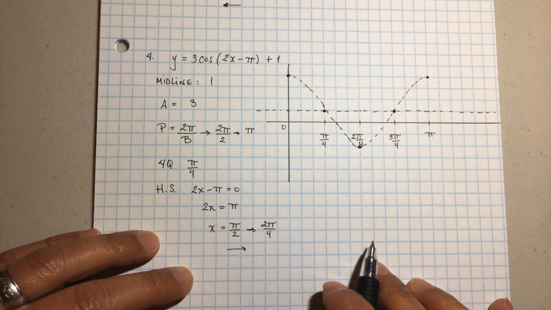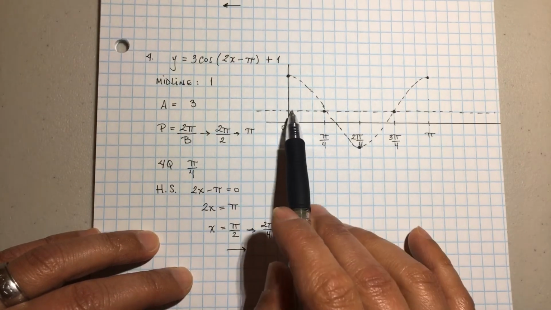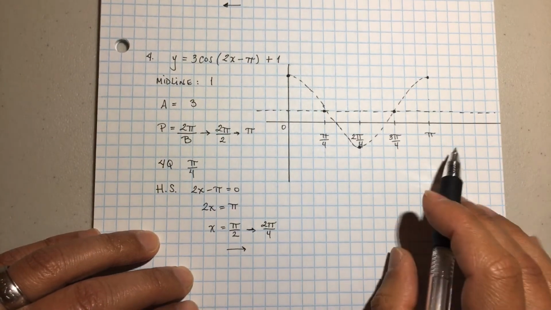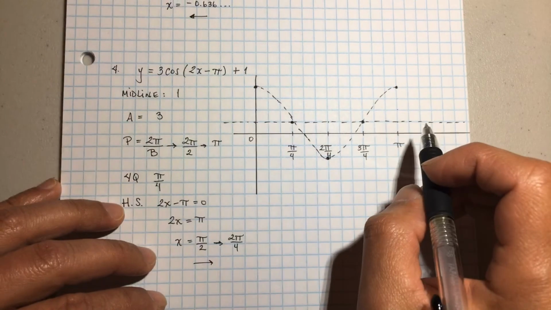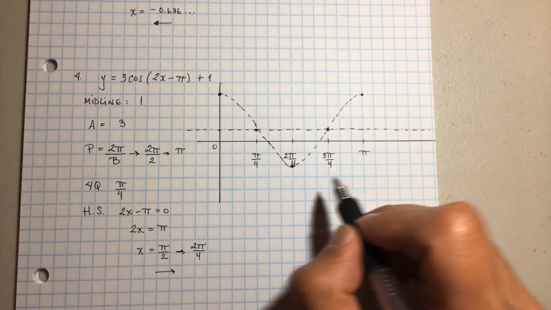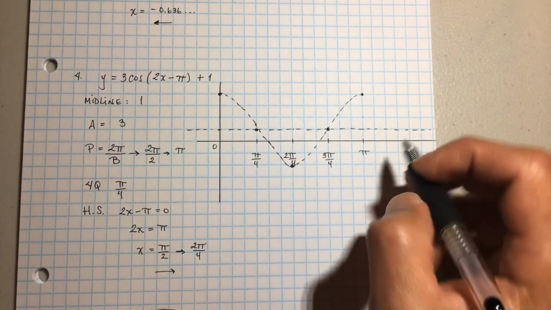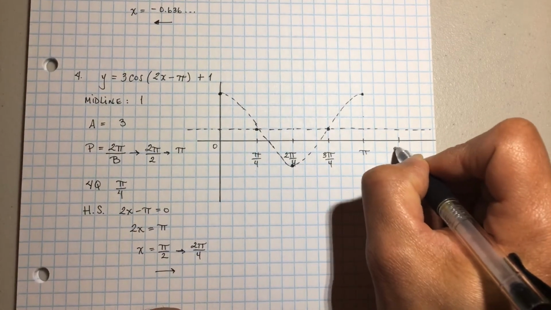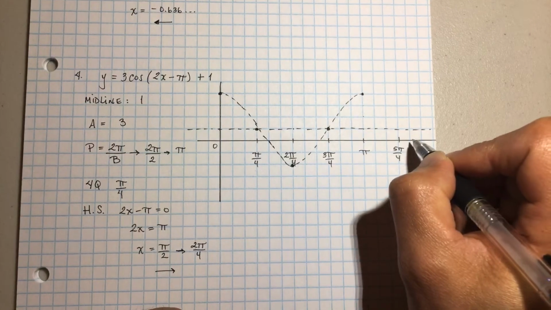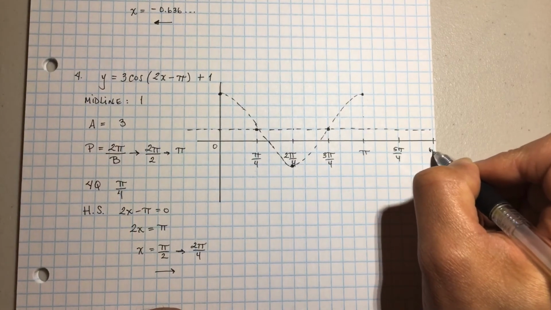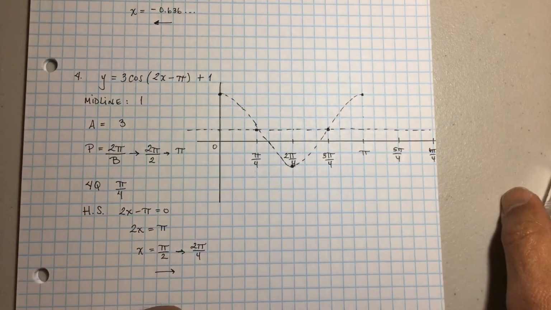So that's what I'm going to be moving to the right. So not only 1, but actually 2. I might run out of room, but that's okay. So let me see if I can extend this. So 1 pi over 4, 2 pi over 4, 3 pi over 4, 4 pi over 4. Then we get 5 pi over 4. And then 1, 2, which probably barely made it, 6 pi over 4 right there.